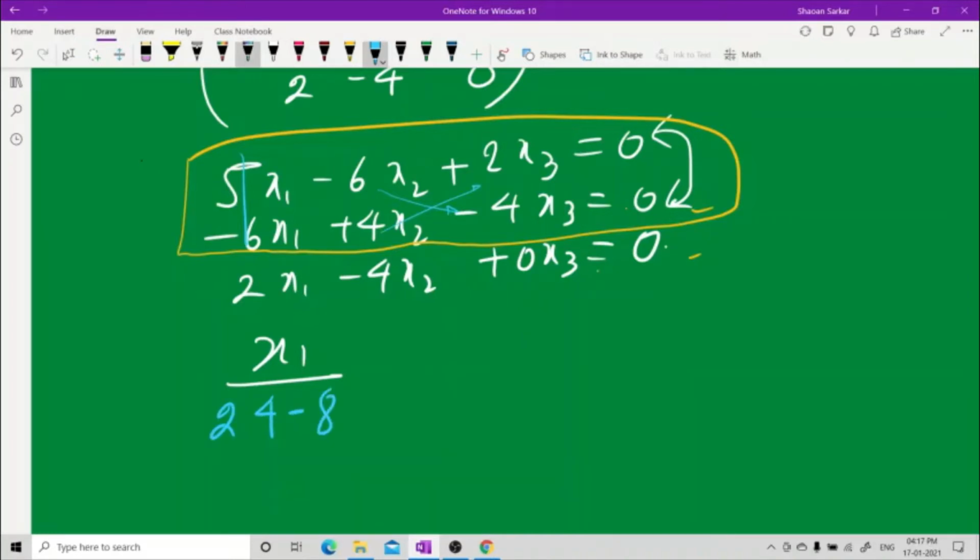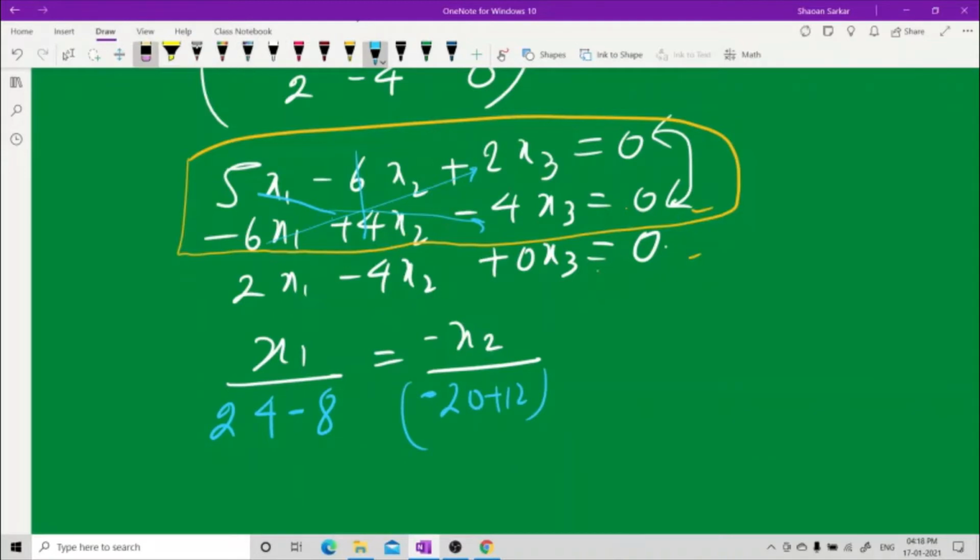Now you will do one thing. Remove this line, remove this line. Now you will hide the second column. Now you will write minus x2, and then you will multiply. Wait a minute, let me change the color. You will multiply this with this, and this with this. So you have minus 20 and plus 12. This is in bracket.